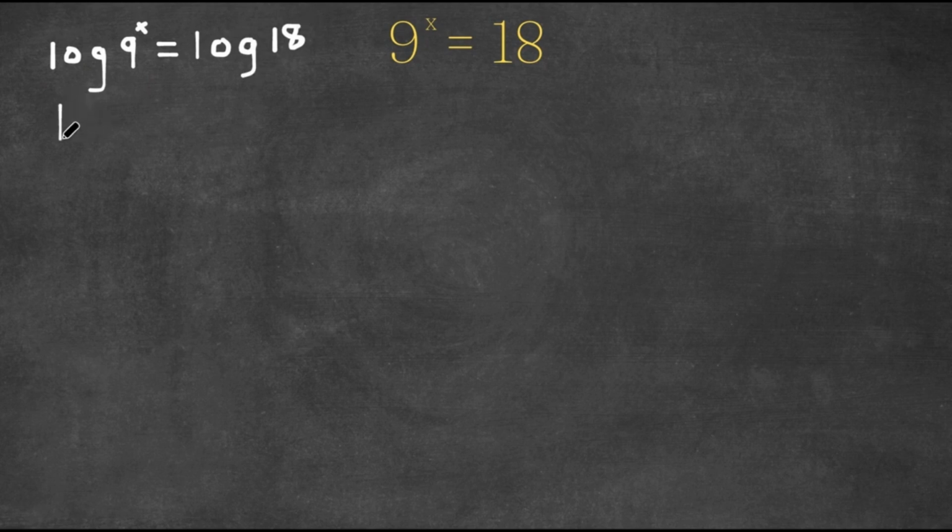If we have something in the form log a to the power of x, this is known as the power property, and it means that we can move this exponent in front of the log, meaning this would also equal x log a.